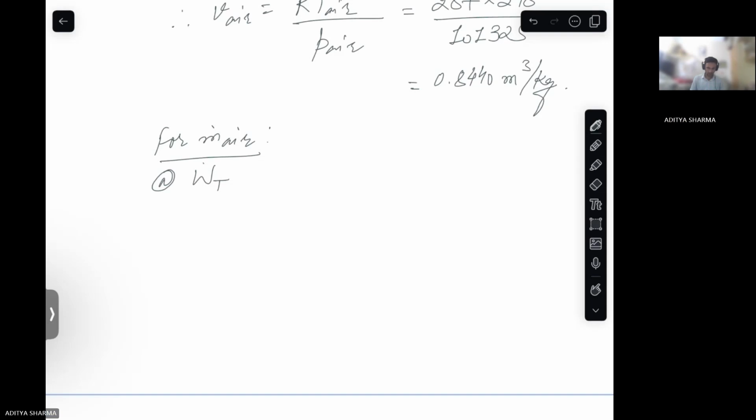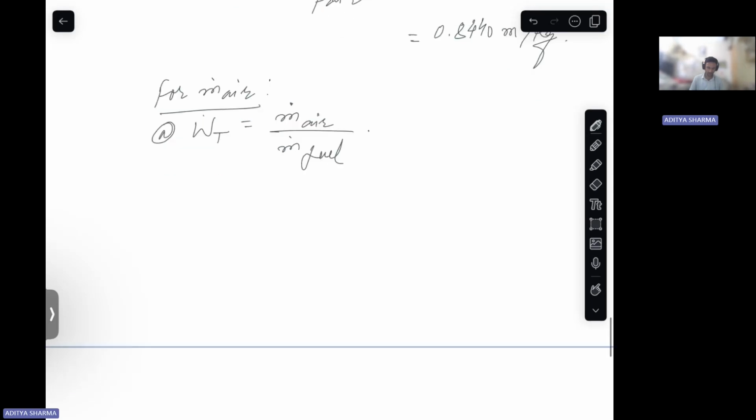And from there we can find out, because this is per unit of fuel. So this is like this, right?